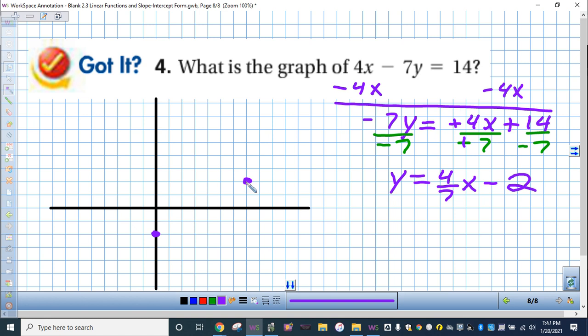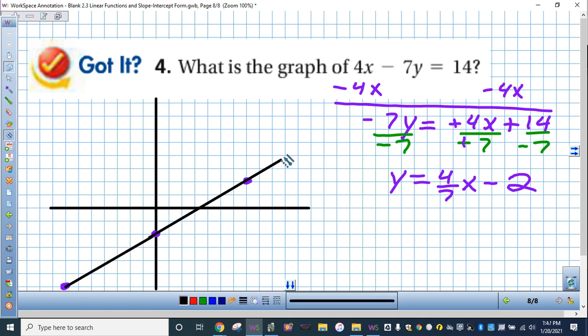So I'm going to do down as well. Especially when you count out a bigger slope like that, you might be off by one. So just double check, make sure your dots are on a line, and you're good. You good on the graph?